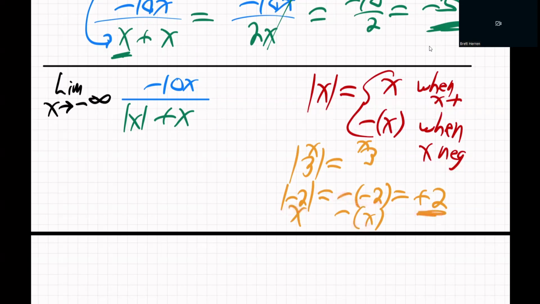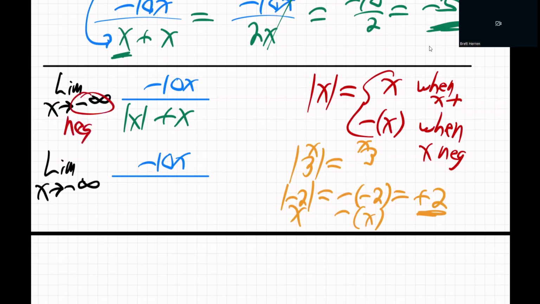So therefore, this is going to become negative, because x is what? x is negative. So this absolute value of x becomes negative x. You see that? That's the point.